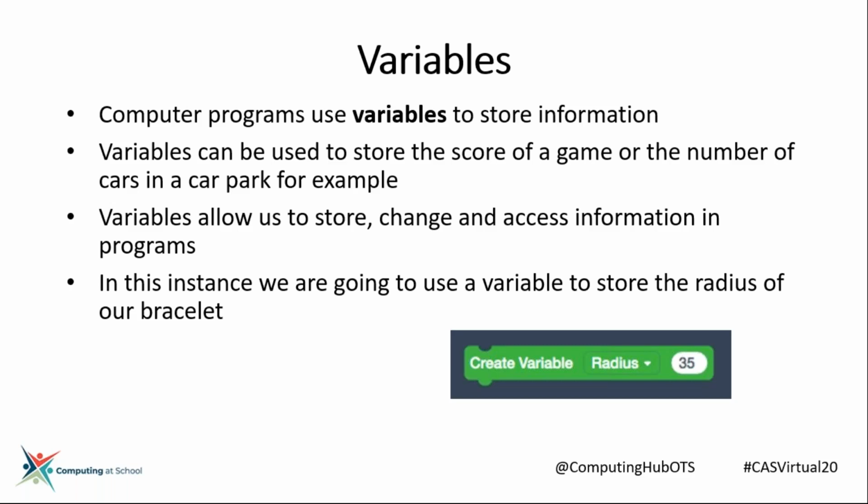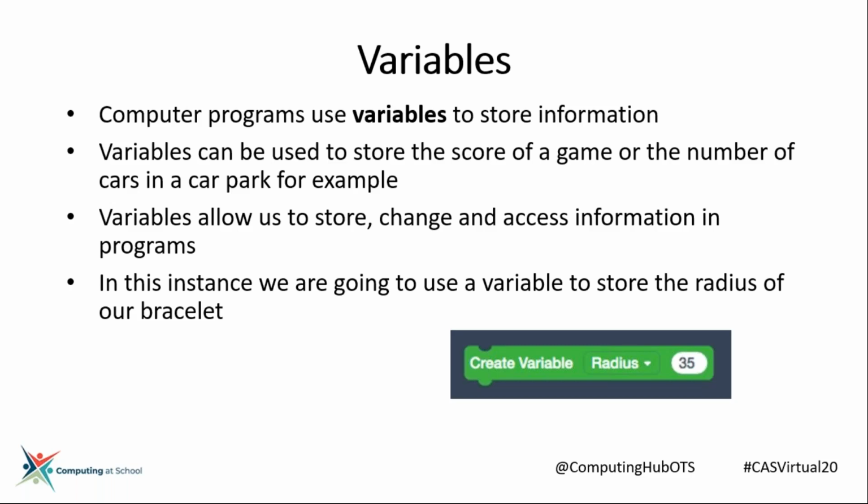From a computing point of view, variables are one of those key concepts that we need to introduce pupils to, and it's this concept of essentially a number, a piece of information that we store somewhere, and in teaching that we would have talked to them about scoring a game or the number of cars in a car park.